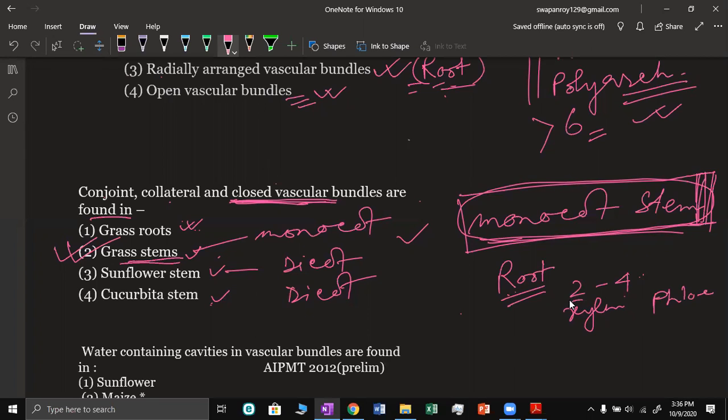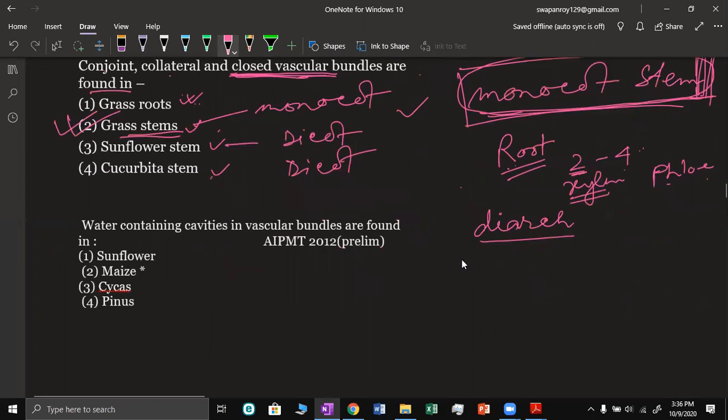When there are two patches of xylem and phloem bundle, we call it diarch. Di means two. If it is 3, we call it triarch, meaning 3 xylem bundles.